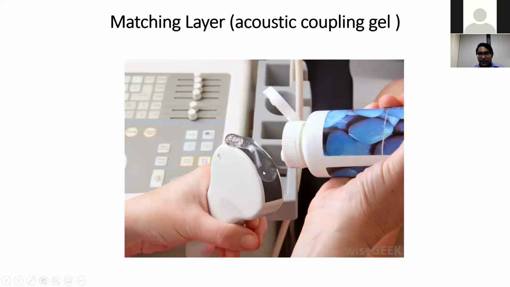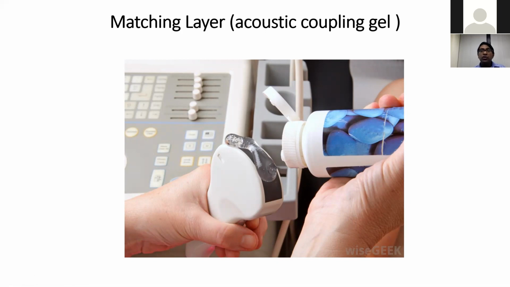Another important thing that I mentioned was the matching layer. If you recall, the PZT has a very high acoustic impedance. Both the speed of sound and the density for the PZT are very high. If I recall correctly, it was around 7 million rayls acoustic impedance for the PZT, whereas soft tissue, the medium that you're imaging, is around 1.5 million rayls.